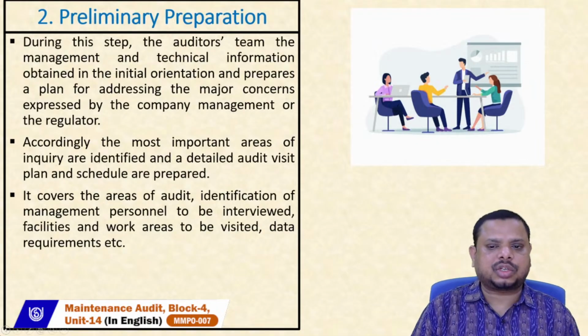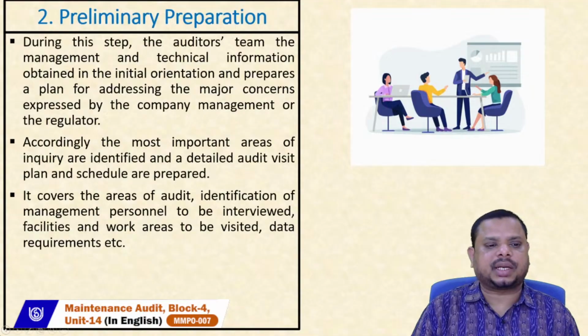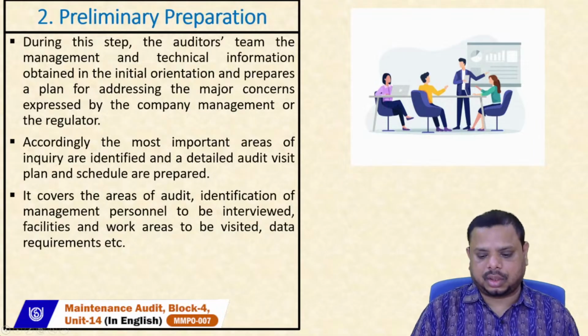According to the most important areas, inquiries are identified, and a detailed audit visit plan and schedule should be prepared. It covers the area of audit. The second is identification of the management personnel to be interviewed. The next is the facilities they have, the work areas to be visited, and the data requirements, which should be included in these preliminary preparations.